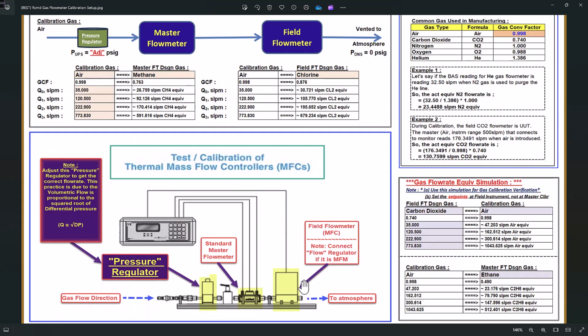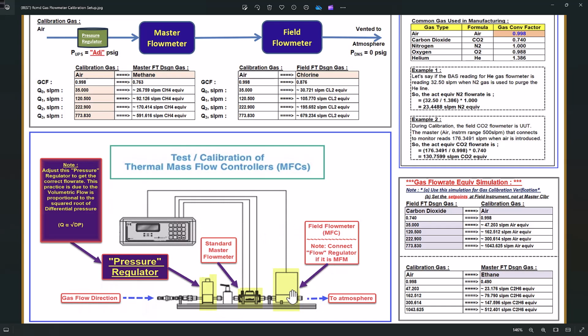Okay, now we move to the more complicated analysis. Let's say I have a fuel flow meter assembled in the line and I want to perform calibration. So what I need to do is remove the fuel flow meter or flow transmitter from the pipeline, and then connect it with our standard master calibrator flow meter side by side, as shown in this picture.